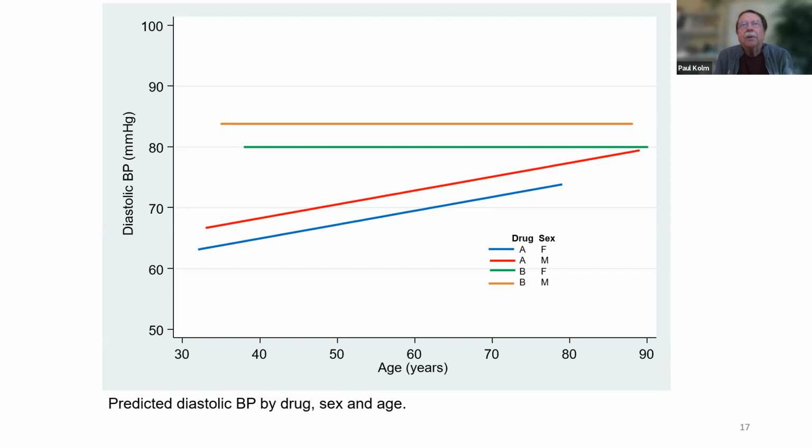And then for drug B, you see the same thing. There's no difference in change of blood pressure with increasing age. But again, males have a higher blood pressure than females, even in drug B. So we can conclude that drug A is better than drug B, but there's a difference between males and females as far as the effect goes.